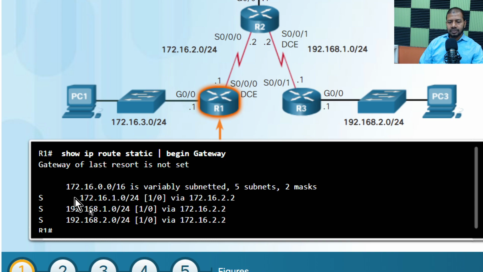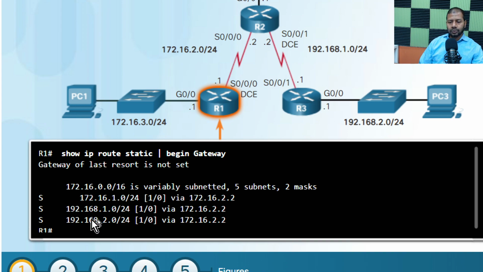Okay, and let me tell you a little bit more on that. Look at the first line with S. 172.16.1.0, 1/0. What does that mean? Well, this 1 means its administrative distance is 1. It's a static route. And 0, this metric, didn't put any number on it. That's okay. The first number here is the administrative distance.